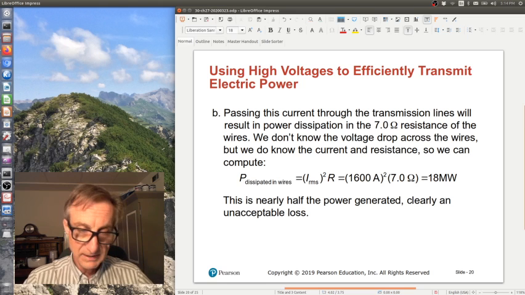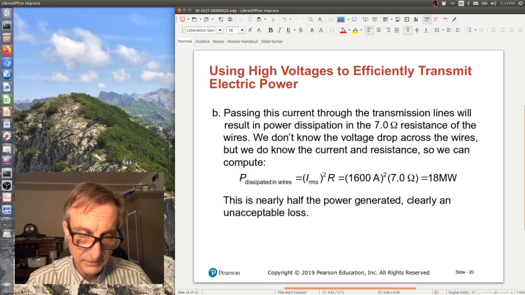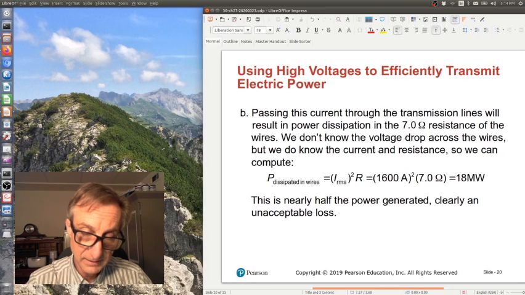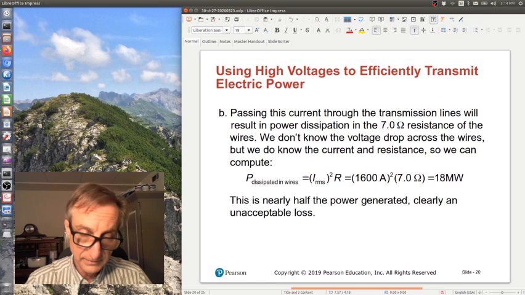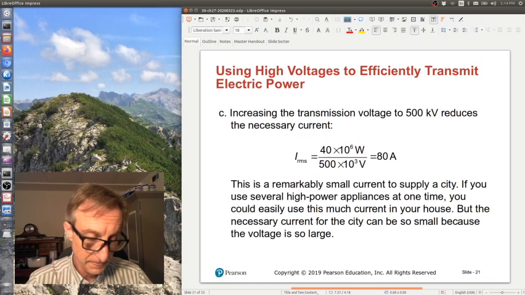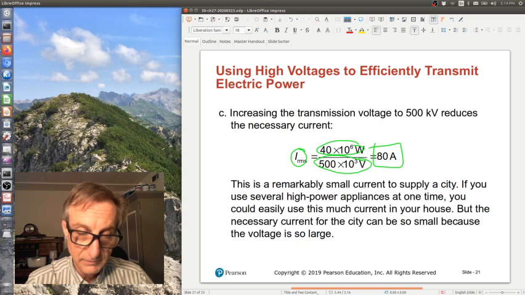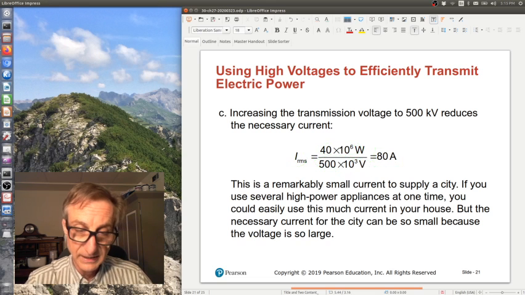So let's see what it means in the case of 500,000 volts. In the case of 25,000, we found out that the power loss was 18 megawatts. But now let's consider the case of 500,000 volts. The RMS current is going to be the power divided by the RMS voltage, which in this case gives us 80 amps. If we transport the power at 500,000 volts, the current in the lines is 80 amps.